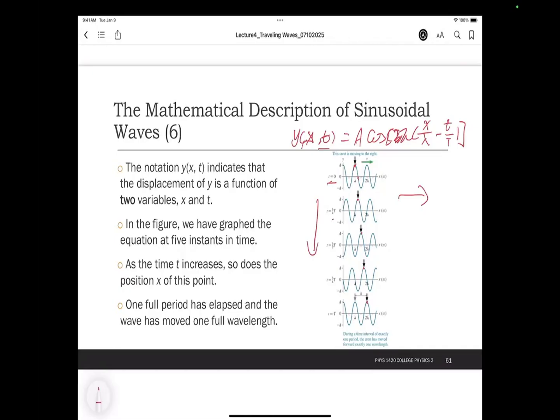Does it make sense to you? Here one full period has elapsed, and the wave has moved one full wavelength, which means as one period passes, the wave passes one full wavelength. Does it make sense to you?